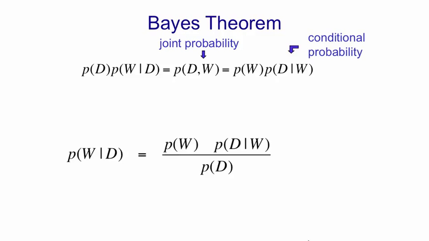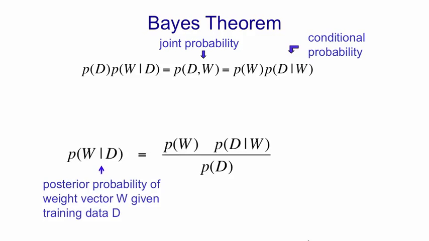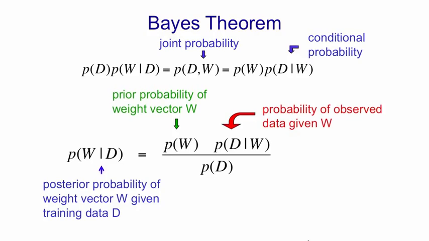Bayes' theorem says that the posterior probability of a particular value of W, given the data D, is just the prior probability of that particular value of w times the probability, given that particular value of w, that you would have observed the data you observed.